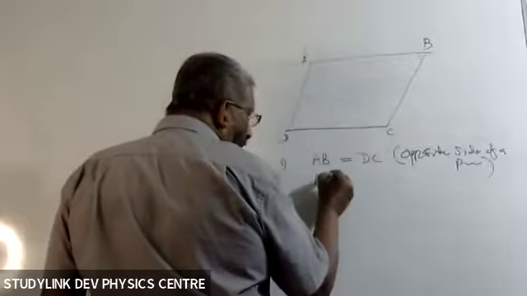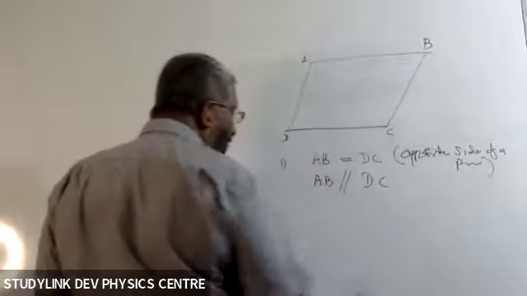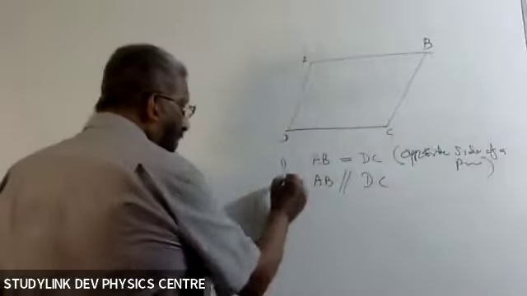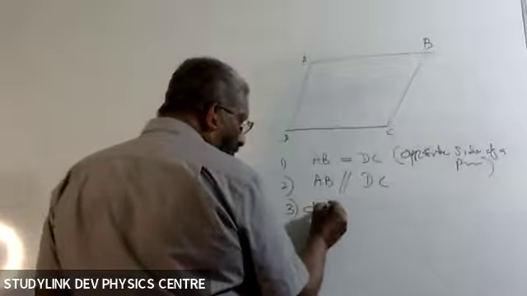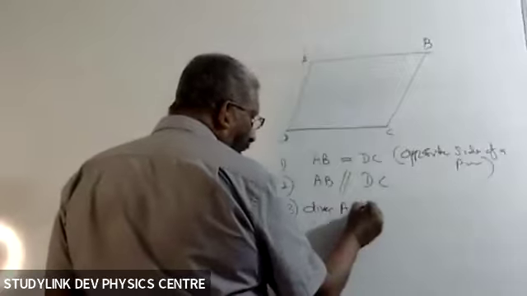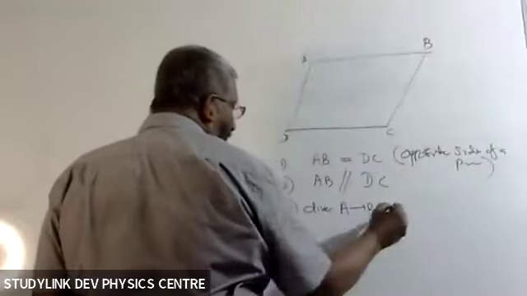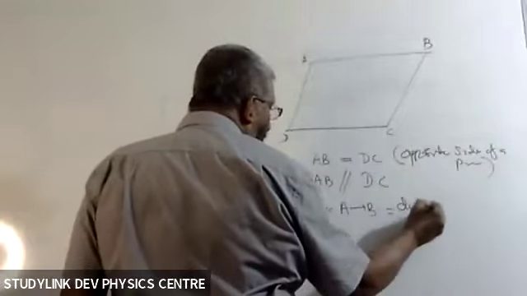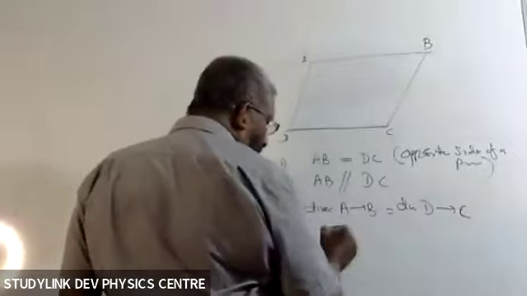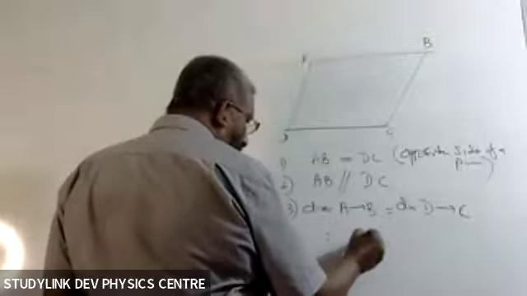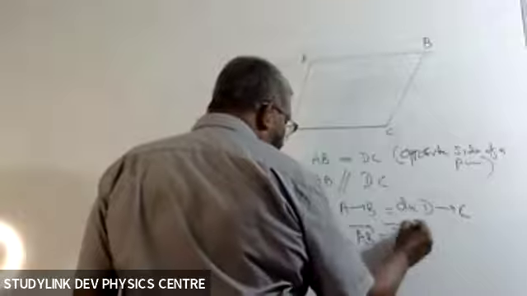Then AB is parallel to DC. Second one. Third one, direction A to B is equal to direction D to C. So therefore, vector AB is equal to vector DC.